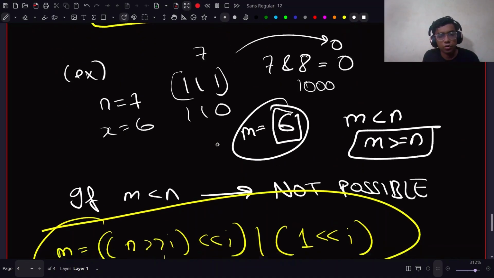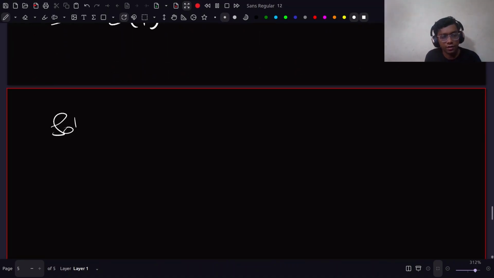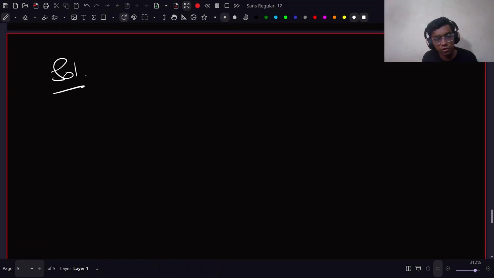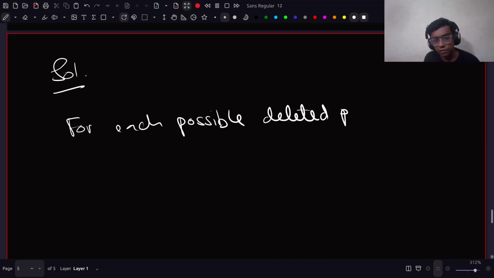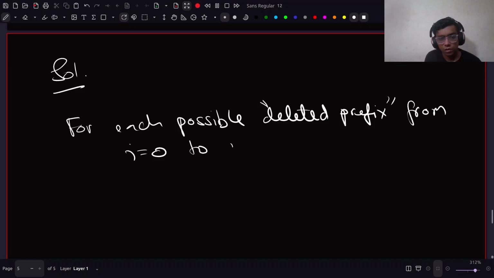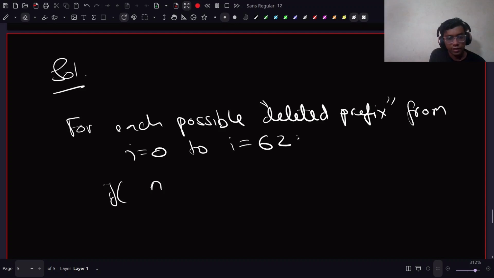So yeah, let's have a quick look at the code. Our final solution, let me just write it down. So basically our solution is going to be: for each possible prefix which we are deleting, so each possible deleted prefix from I equals 0 to I equals 62, what we'll do is first we'll check if this value, n right shifted by I and left shifted by I, is equal to x, right?